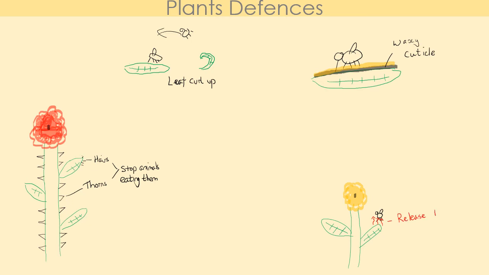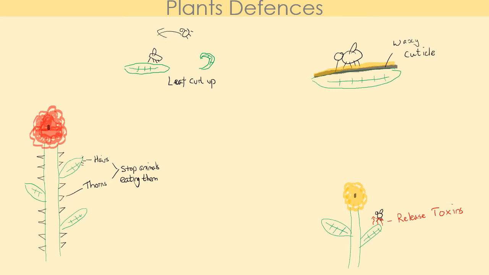That is released into the air, and any insects that are around will fly away from it. That is how they can defend against predators, so anything that may be eating them. I'm calling them predators, probably wrong, but anything that might want to try and eat them.